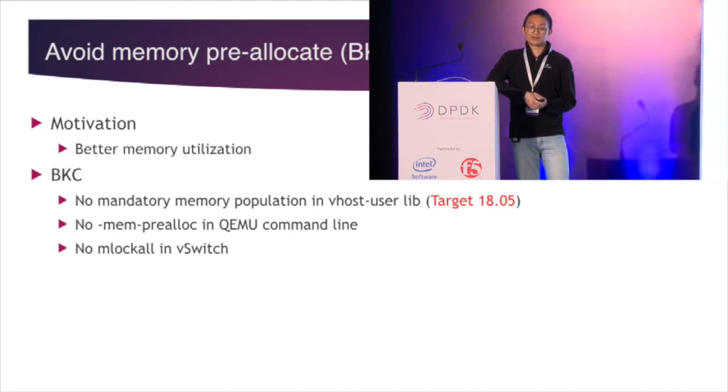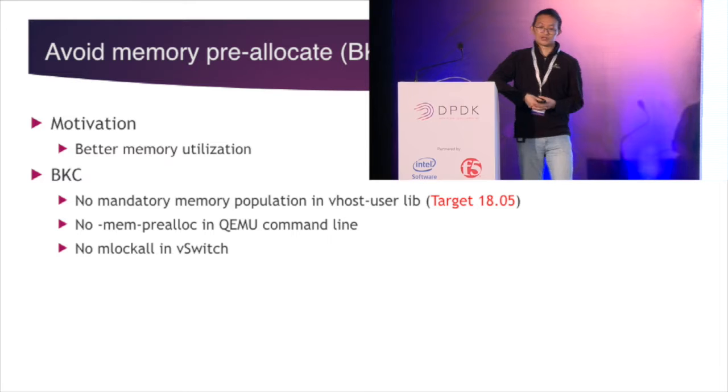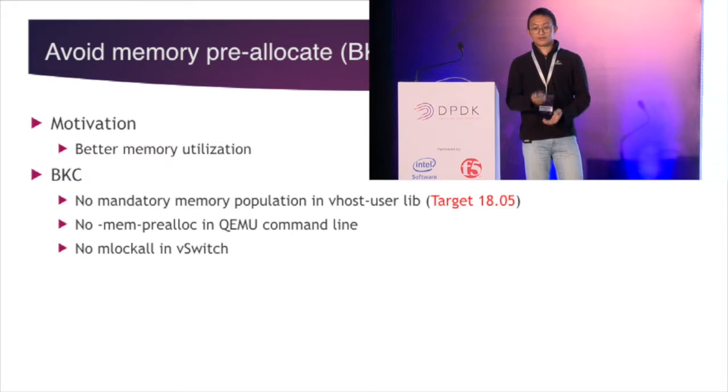So we can leverage this good thing about being a virtual switch. There is not much development effort, but there is some change needed in the DPDK Vhost user library, which is to enable no mandatory memory population in the host.